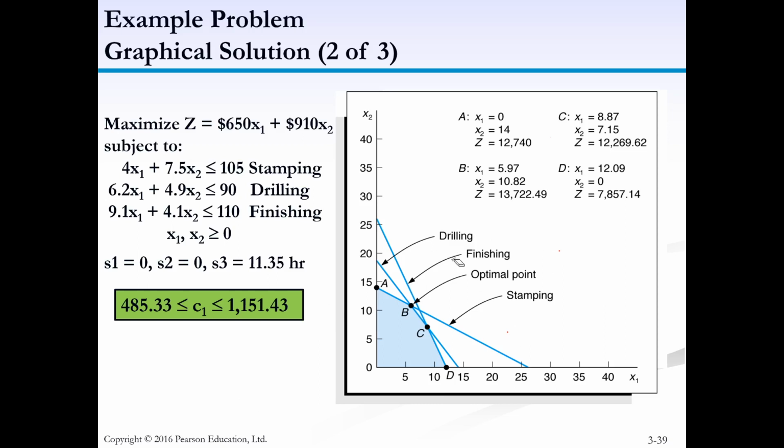value of stamping. Now the stamping constraint is this one. This is the stamping constraint, right? And we would like to see how much the quantity value changes such that the mix in which x1 and x2 both are there, and S1, S2 and S3, whatever value they have.